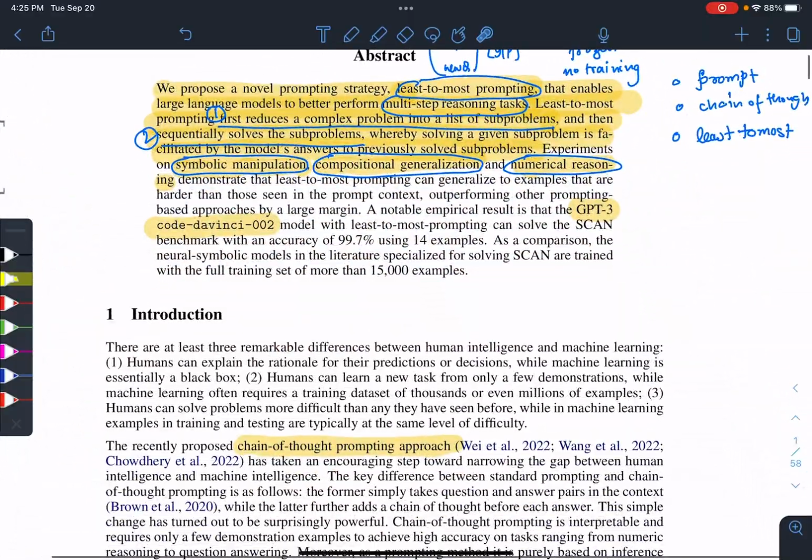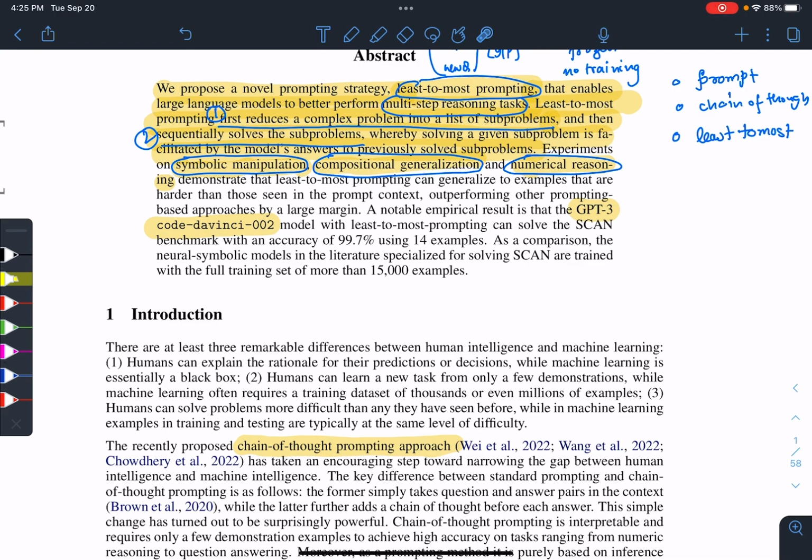So what they're saying is, we propose a novel prompting strategy called least to most prompting that enables large language models to perform multi-step reasoning tasks. Least to most prompting first reduces a complex problem into a list of subproblems, and then sequentially solves the subproblems, one by one.